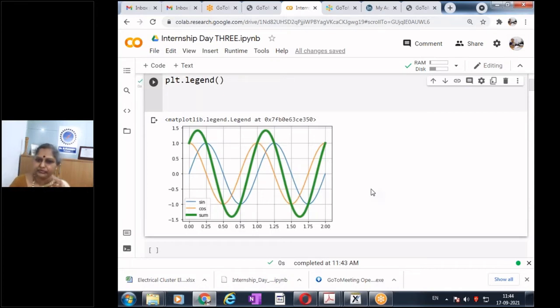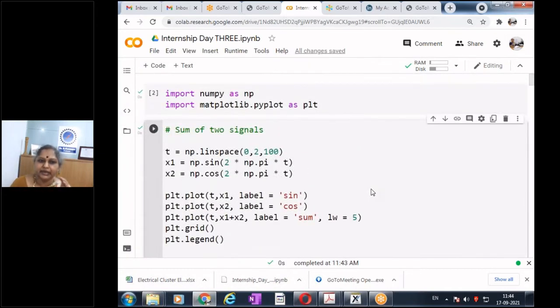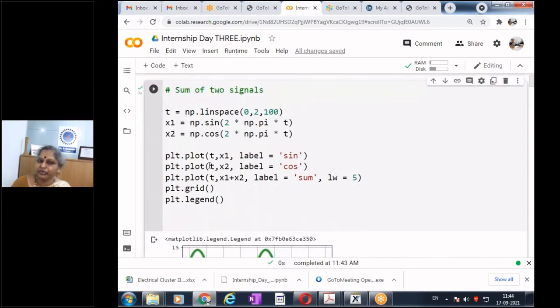What I'm doing is I am just typing in my signal x1 and my signal x2. Time we have defined. x1 is sine 2 pi t. x2 is cos 2 pi t. Then I'm plotting. The third plot is x1 plus x2, and I'm giving them some name.